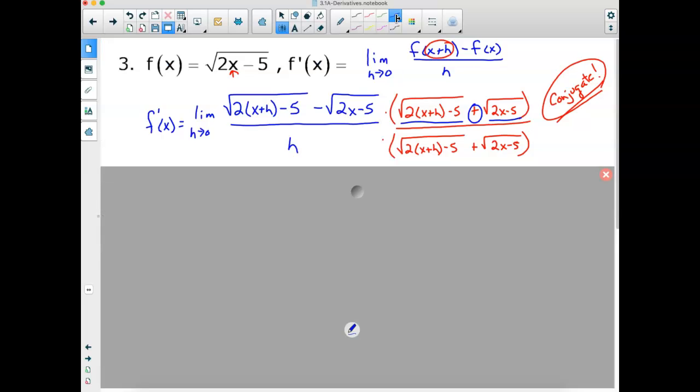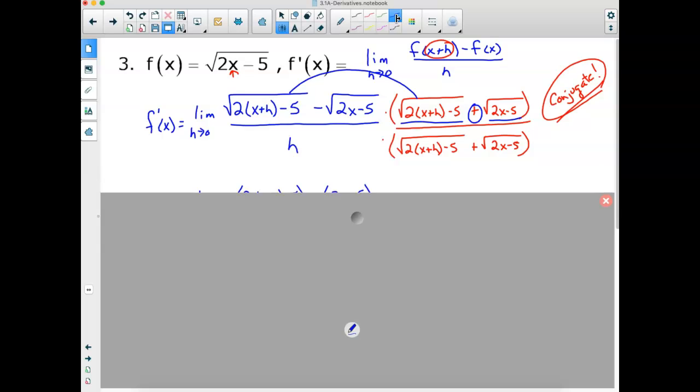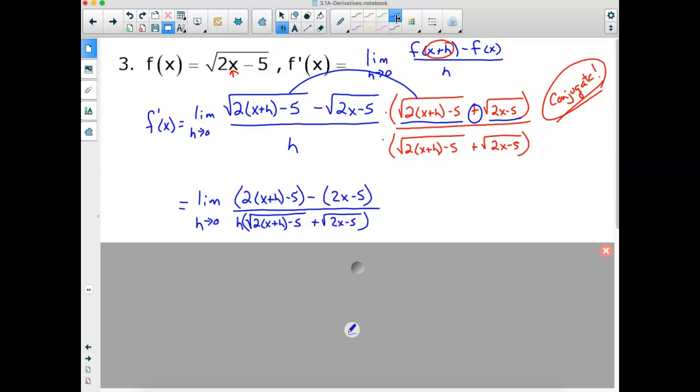From there, we multiply. That times that gives you 2 times x plus h minus 5. Notice I did corral this in parentheses this time for a reason. That one times that one gives me, in parentheses because one's positive and it's the opposite of that, 2x minus 5.